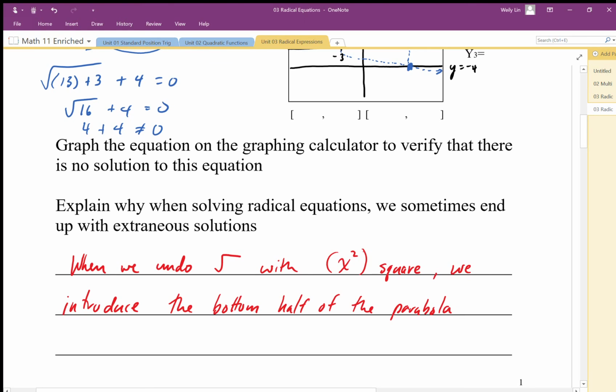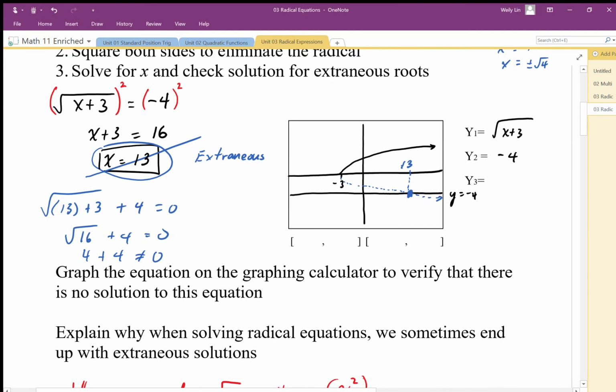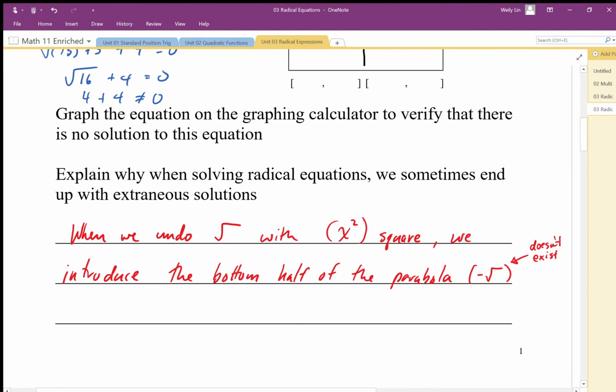You would have seen it with the plus minus going the other way. So I'll put in brackets here the negative square root, which doesn't exist, because the original equation was only a positive square root equation. So when we square both sides, we introduce that negative possibility that didn't exist, which gives us possibly extraneous solutions.